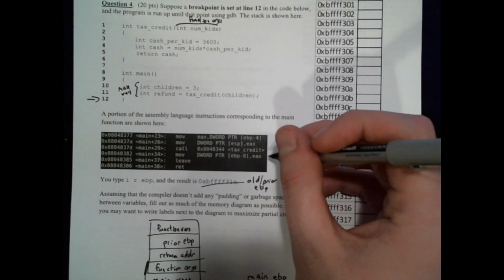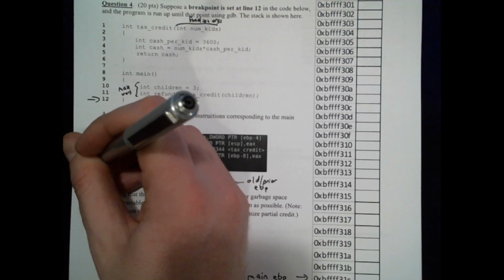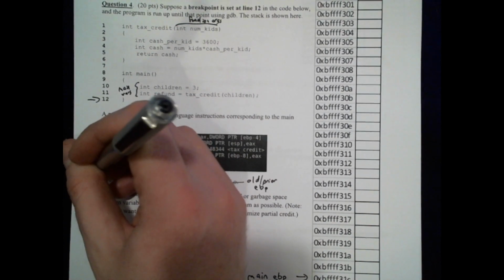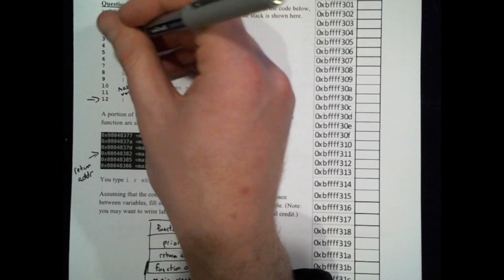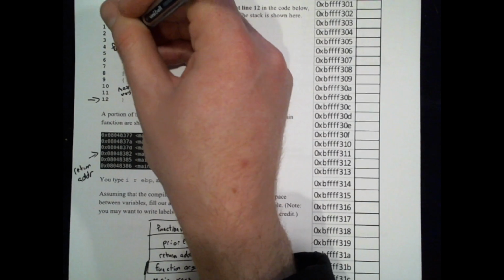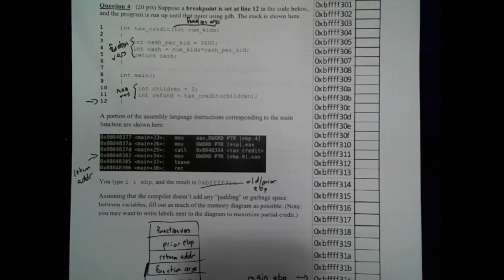And then our return address is going to come from the code. So that's what we're looking for here. And then our final thing is the function vars, which is going to come from the function. So that's just to help us identify what we need to have on the stack in what order.